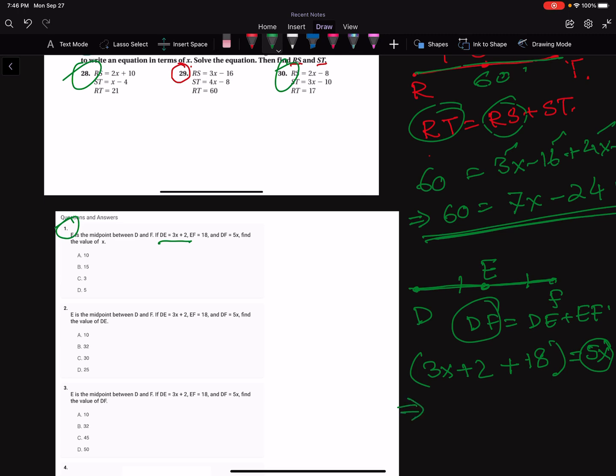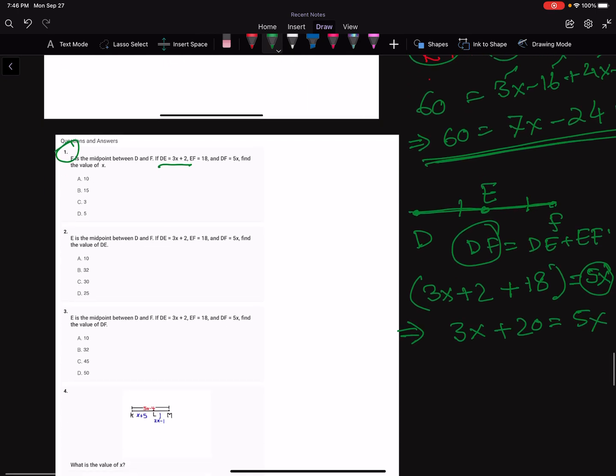First, form the equation: 3x plus 20 and plus 5x. The rest is simple algebra, and you know how to do that. Subtract 20 from both sides. I shouldn't have done that, now my work is increasing.